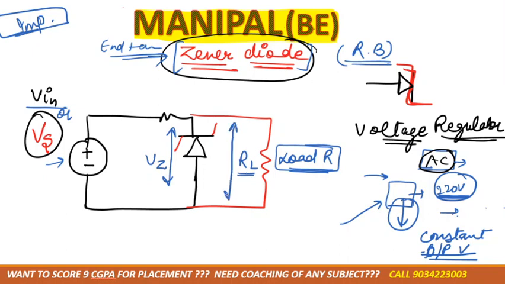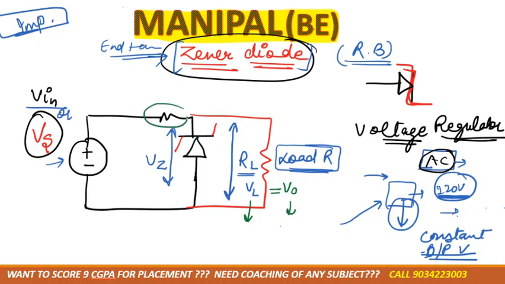The voltage across the load is denoted by VL, or sometimes they call it V naught. VL is the load voltage, V naught is the output voltage. You should know the notations, as they can use any of them.